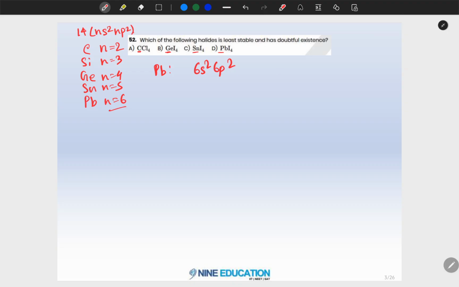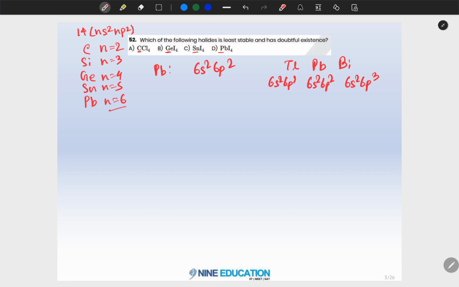Now we know in thallium, lead and bismuth, there will be inert pair effect. In thallium, what is the electronic configuration? 6s2, 6p1. In lead, 6s2, 6p2. And in bismuth, the electronic configuration is 6s2, 6p3.